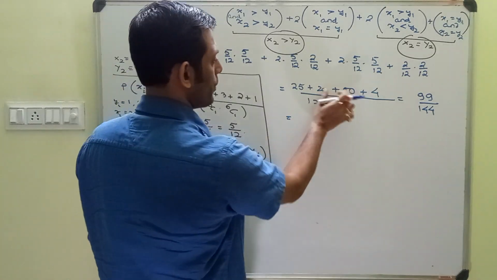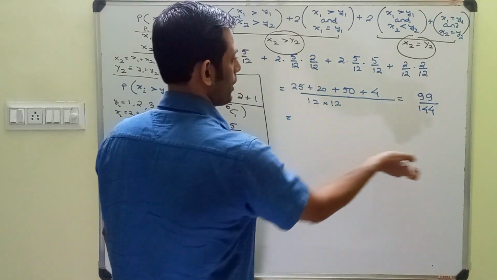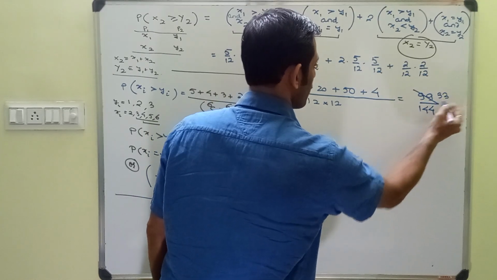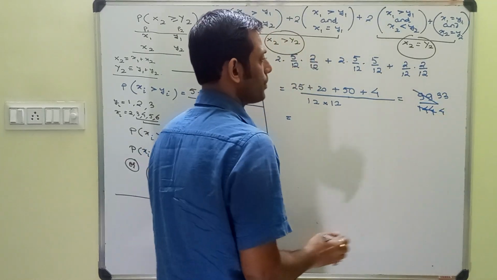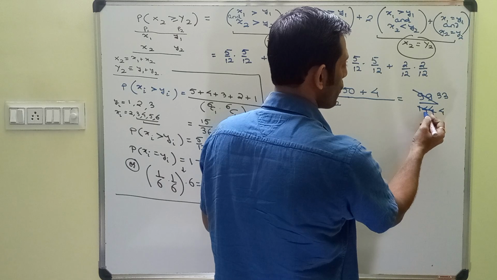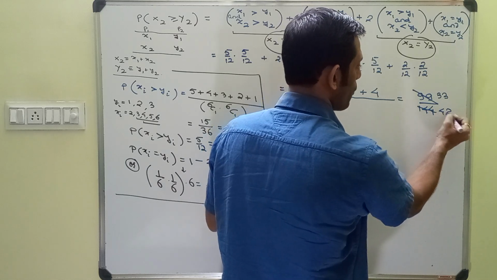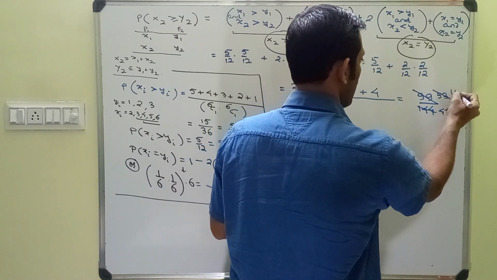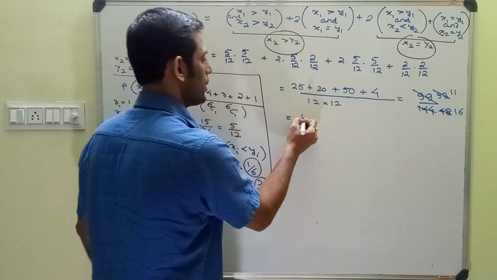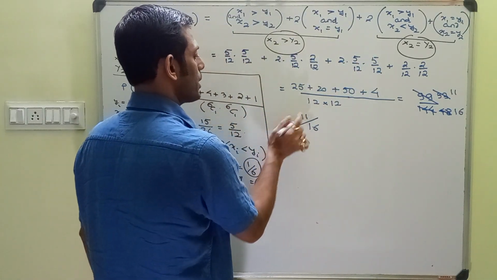Now if we reduce by 3, 3 4s are 12, 24, 48, again reduce, 11/16, that brings you 11/16 as the answer.